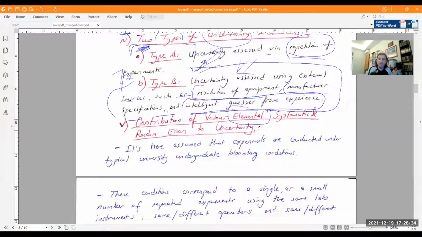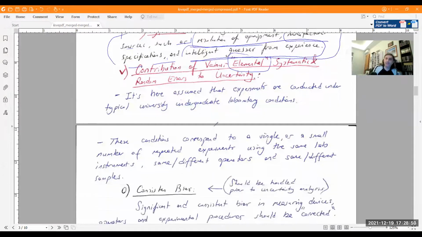This is not a metrology department or course, but it should give you enough insight and adequate information to build on your knowledge about statistics, and it should be useful for your laboratory experiments, and I hope it will be. So here we assume that experiments are conducted under typical university undergraduate laboratory conditions.